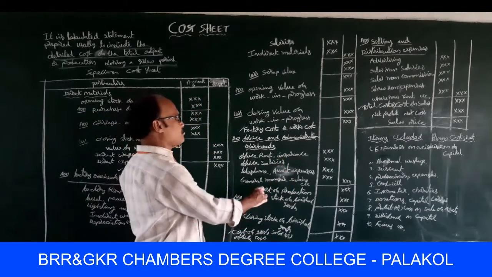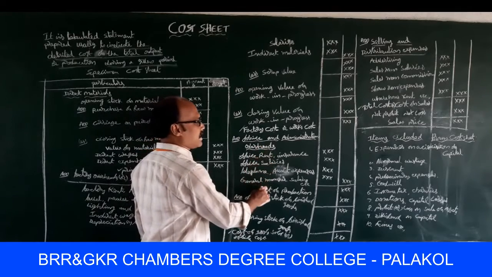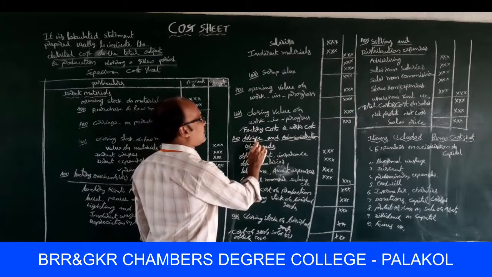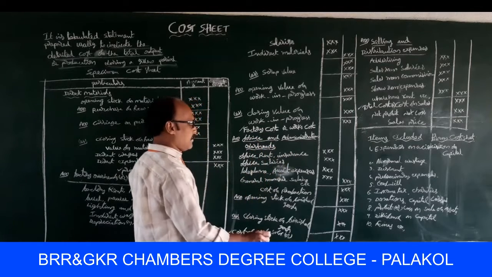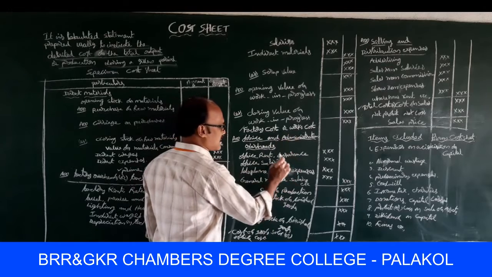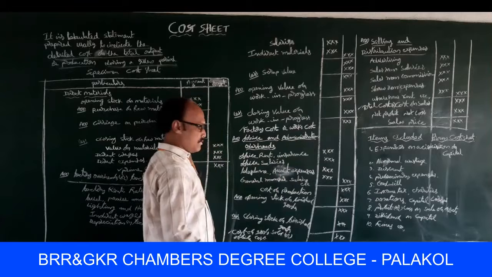These transactions must be recorded under the head of office and administrative overheads. Then, adding all these transactions, we find out the cost of production.